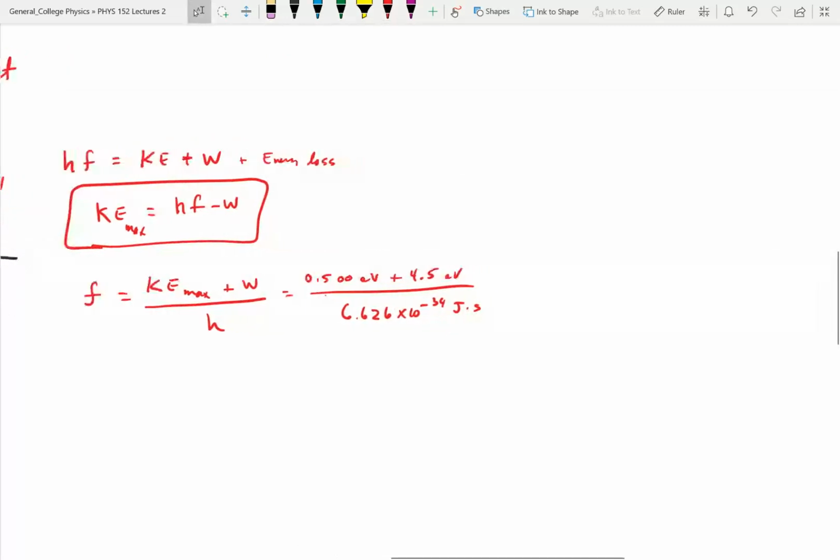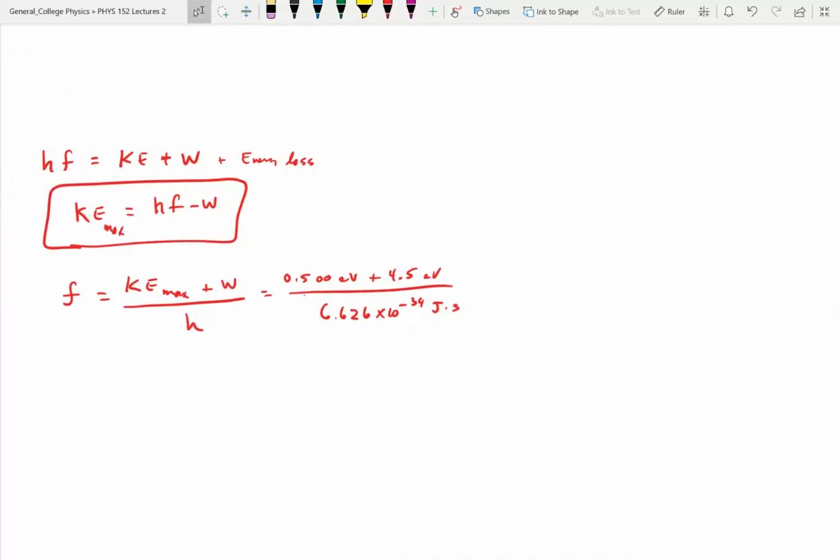Now you see a problem. Electron volts for energy on top, joules for energy on bottom. So let's multiply by 1.602 times 10 to the minus 19 coulombs per electron. And then I will have a volt. Remember, 1 volt is equal to 1 joule per coulomb. So when I multiply by that charge of an electron, my electrons will cancel here and here.